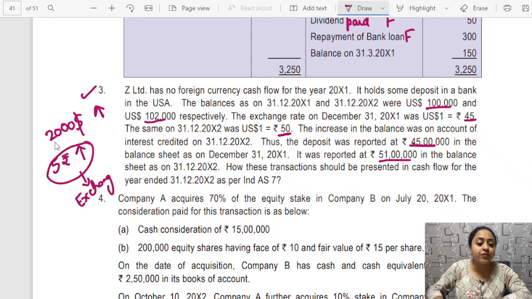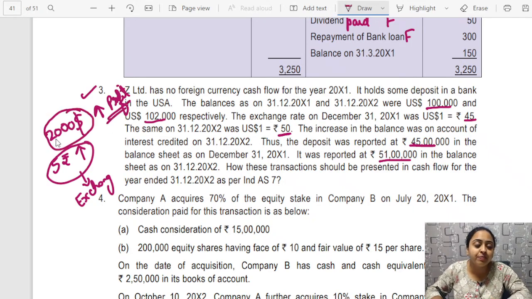This $2000 that has been increased is your profit in your operating activity, so it should be included in your operating activity, whereas this 5 rupee increase per dollar is your exchange gain or loss, which should be represented in the CCE portion.